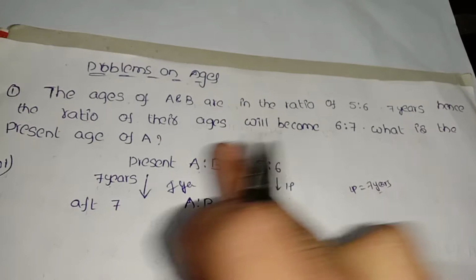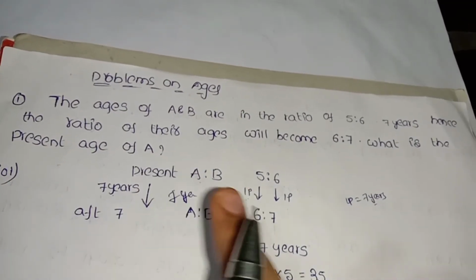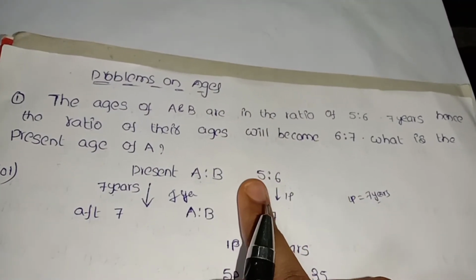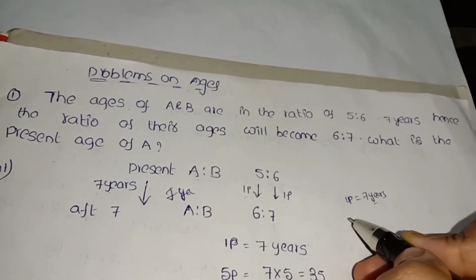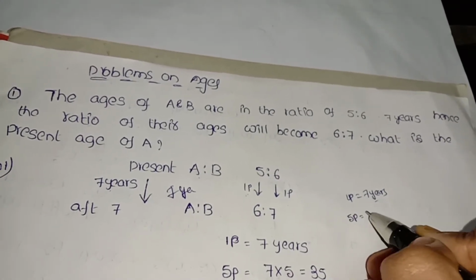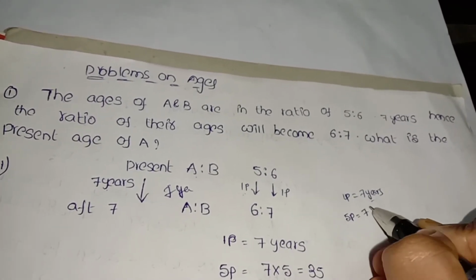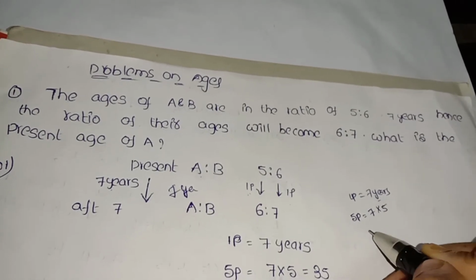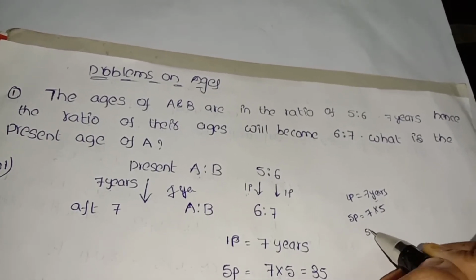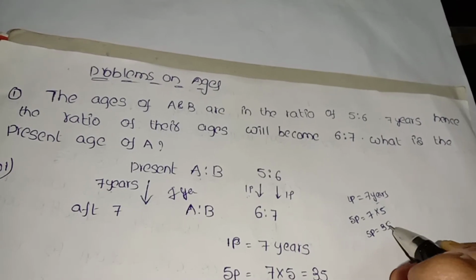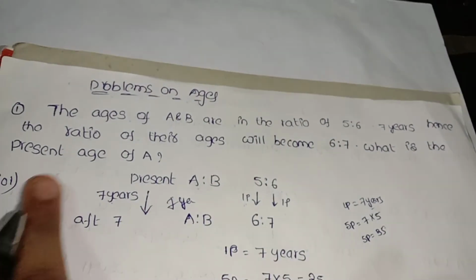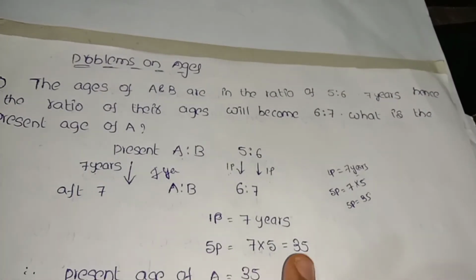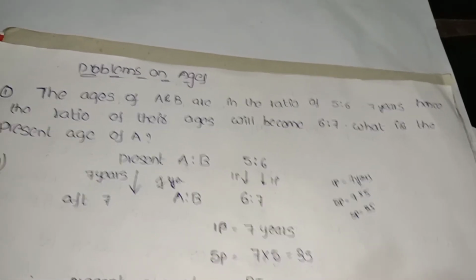Right? What is the present age of A? The present age of A is 5 parts. So, 5 parts equal 7 into 5. So, I am getting 35. So, the present age of A is 35 years. Right?